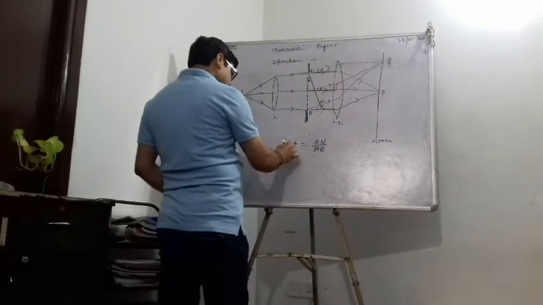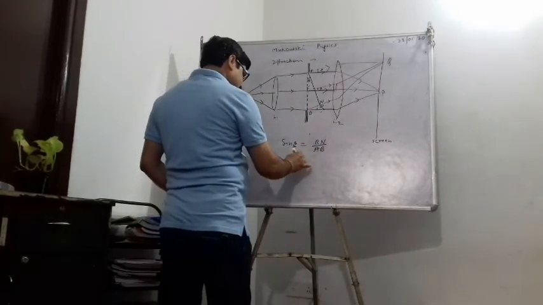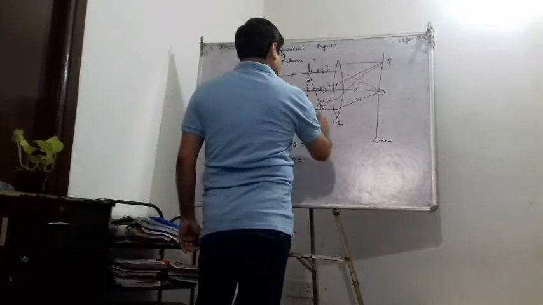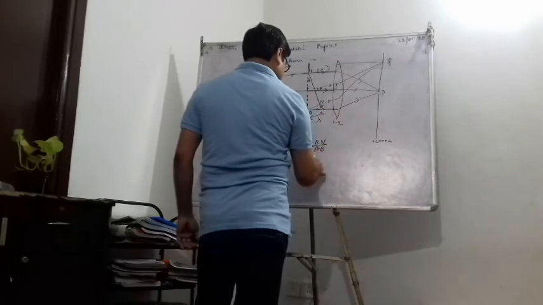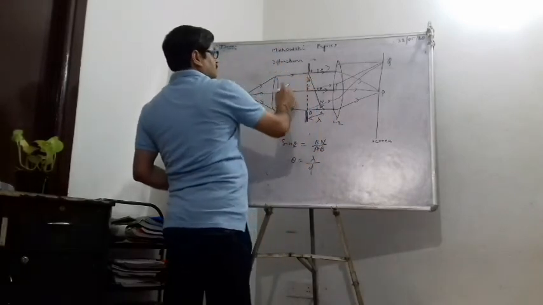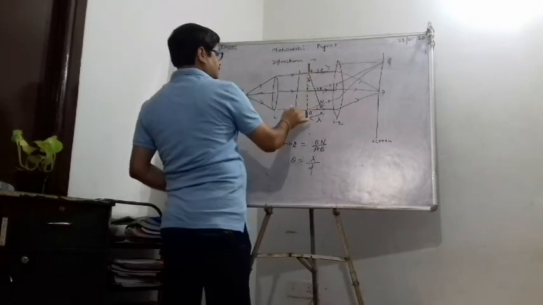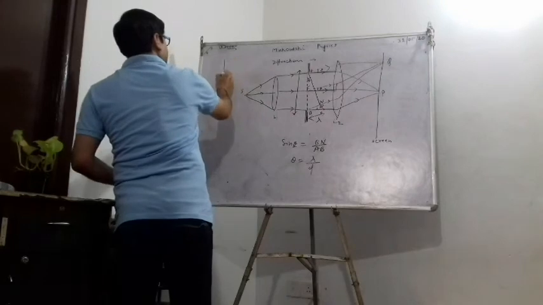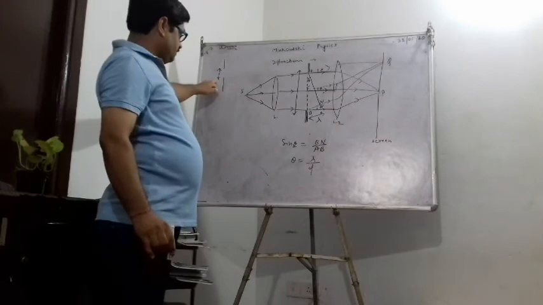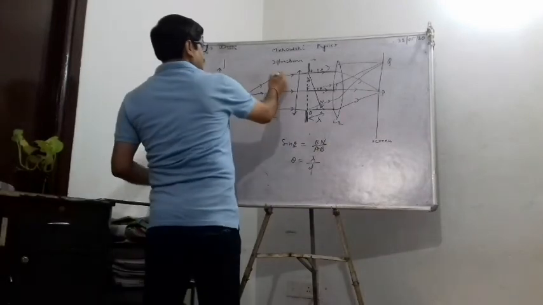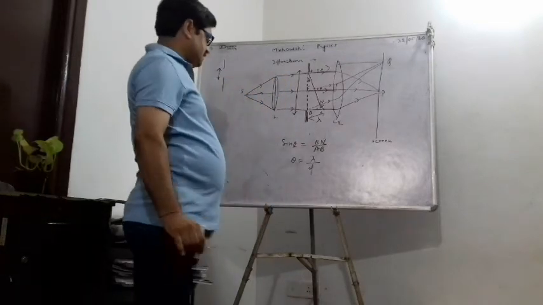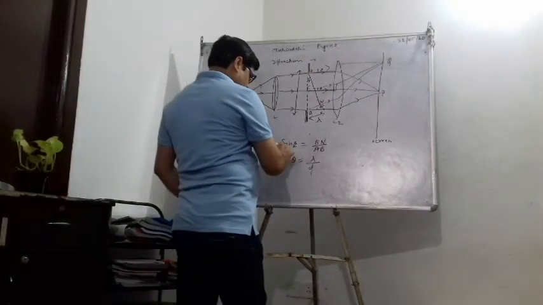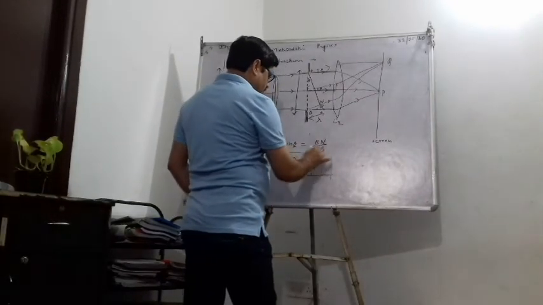And if theta is small, then sine theta can be written as theta, and if this length is approximately equal to lambda, then we can write theta equals lambda by d, where d is this length, that is the width of the aperture. Suppose this is the slit, then this width is called the width of the slit, or it is also called the aperture of the lens. So this is the required value of theta.